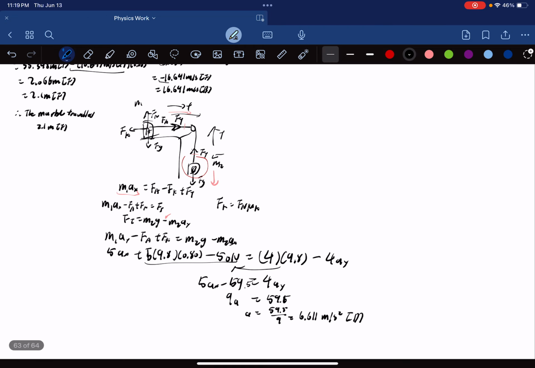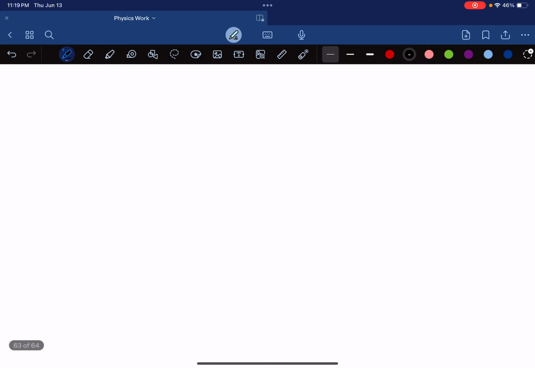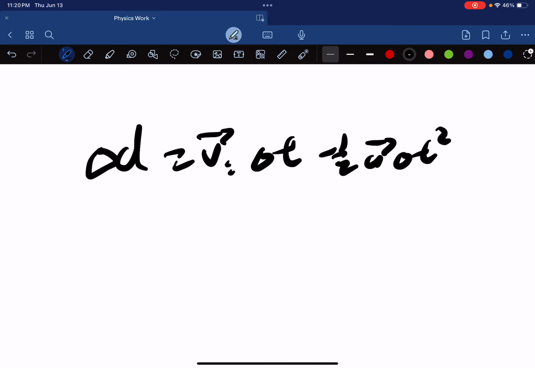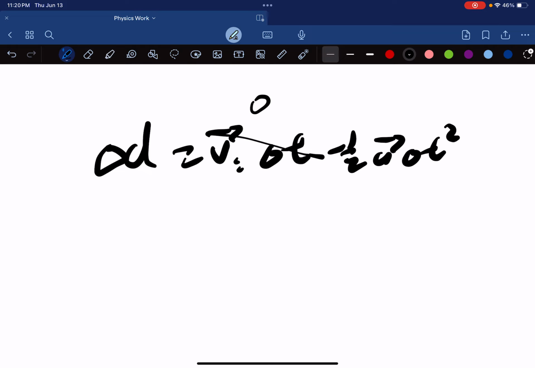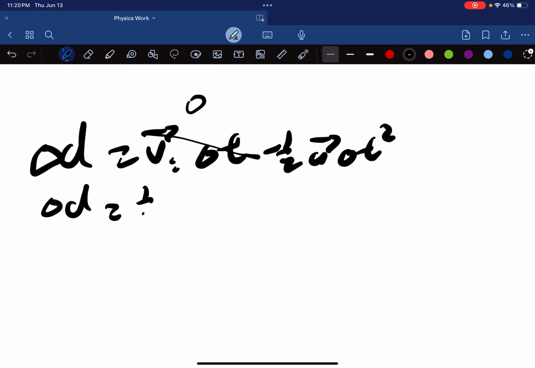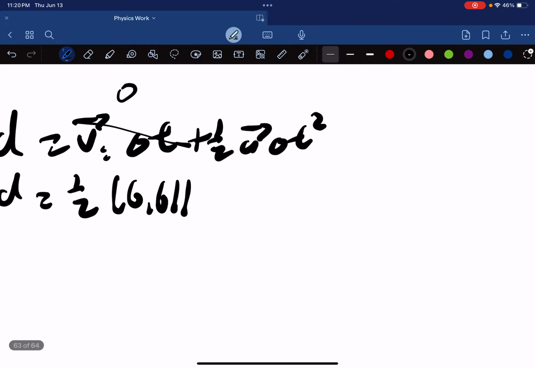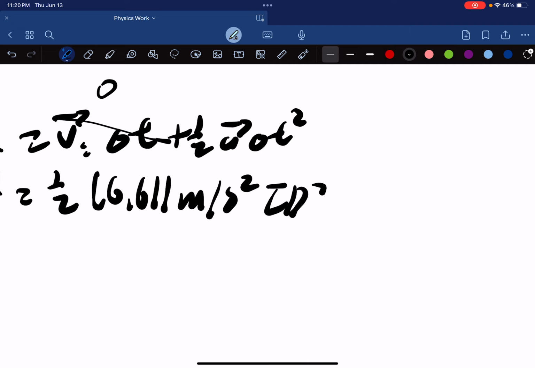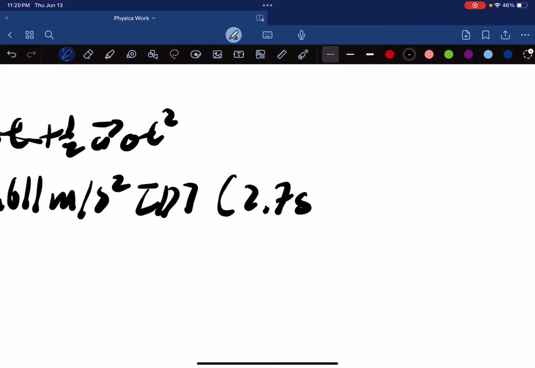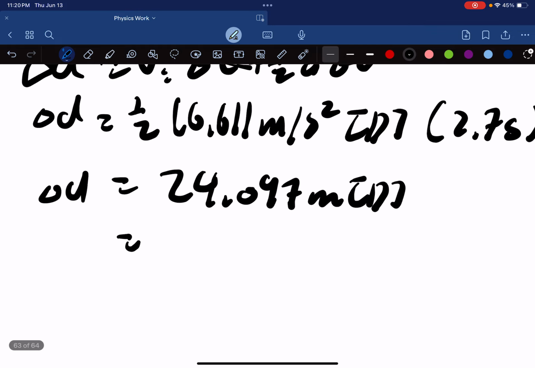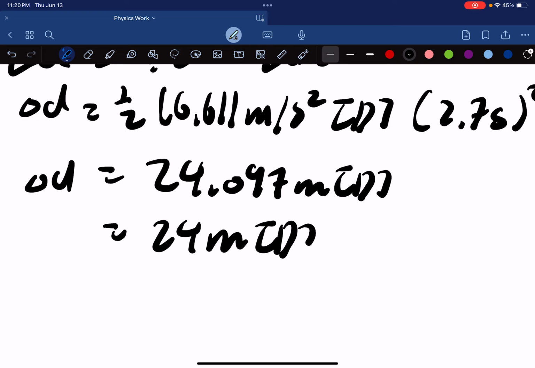Now, once we have the acceleration, we just plug it inside one of the big four formulas. Delta D equals Vi delta T plus one half a delta T squared. Since the system was initially at rest, Vi equals 0. So delta D equals one half times 6.611 meters per second squared down, times 2.7 seconds squared, which equals 24.097 meters down, and we have to round to 2 sig figs, so that's just 24 meters down.